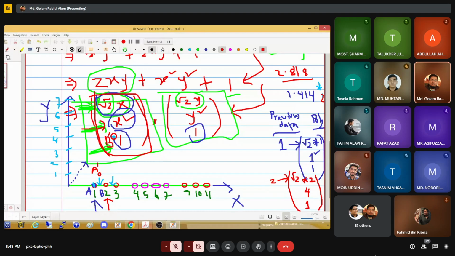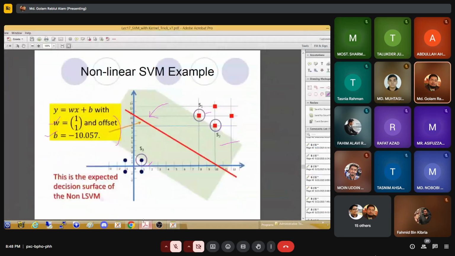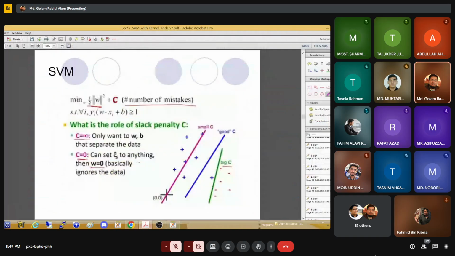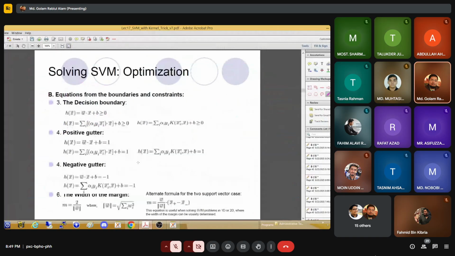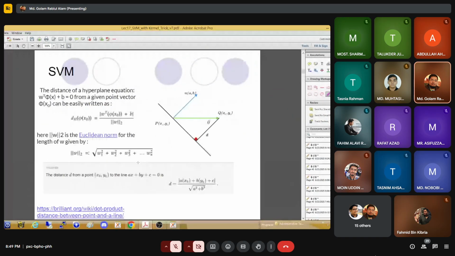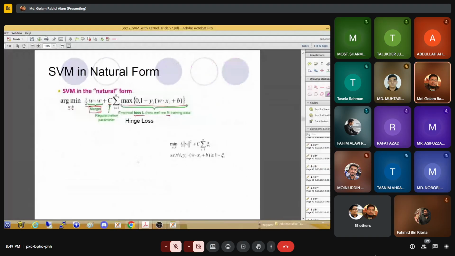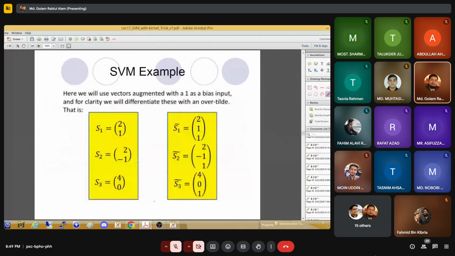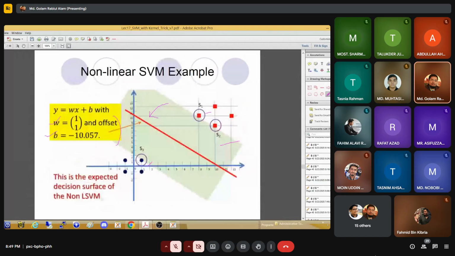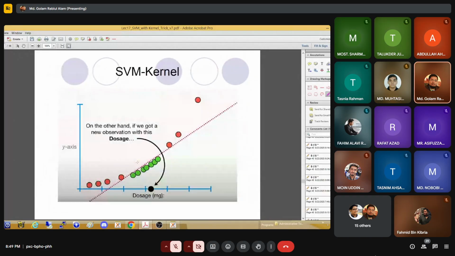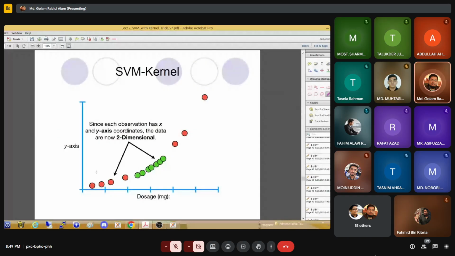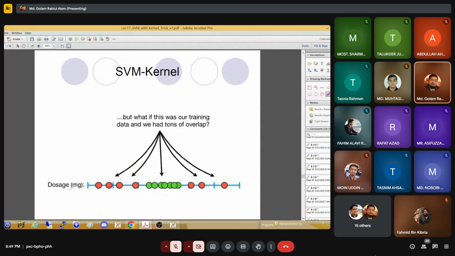Like a data point here, it is mentioned. You can see, for this case, initially these are our data points, and this is, we can say, not linearly separable.